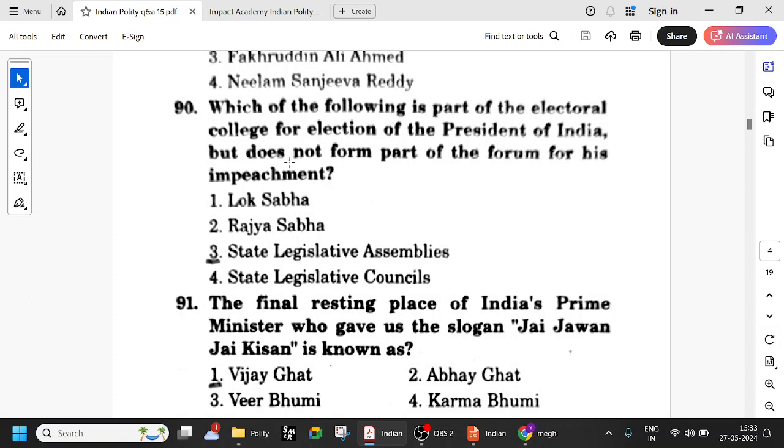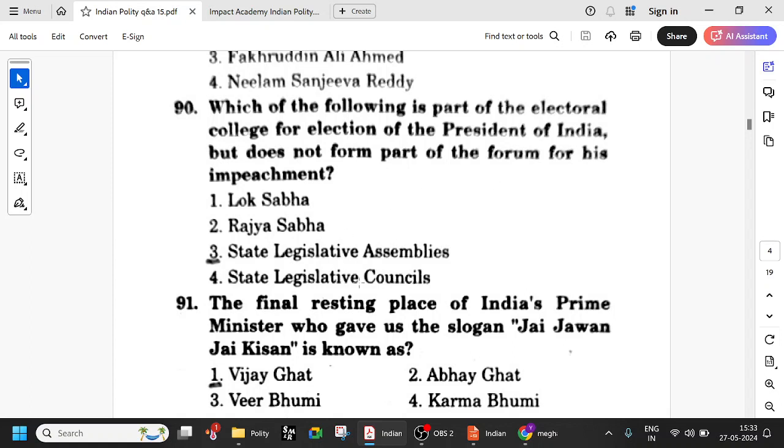But when it comes to impeachment, only those members who are part of the Lok Sabha and Rajya Sabha take part in the impeachment of the president. Whether elected or nominated does not matter. Only Lok Sabha and Rajya Sabha take part because the president is a part of the parliament. So to remove him from the parliament, only the parliament can take action.